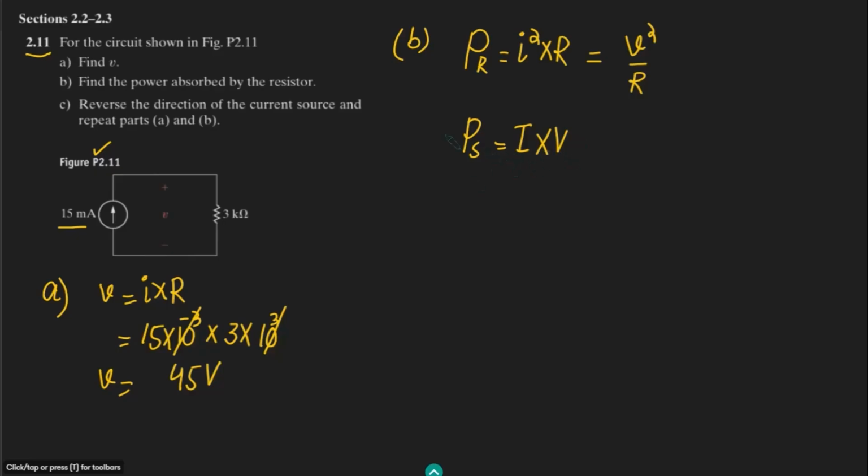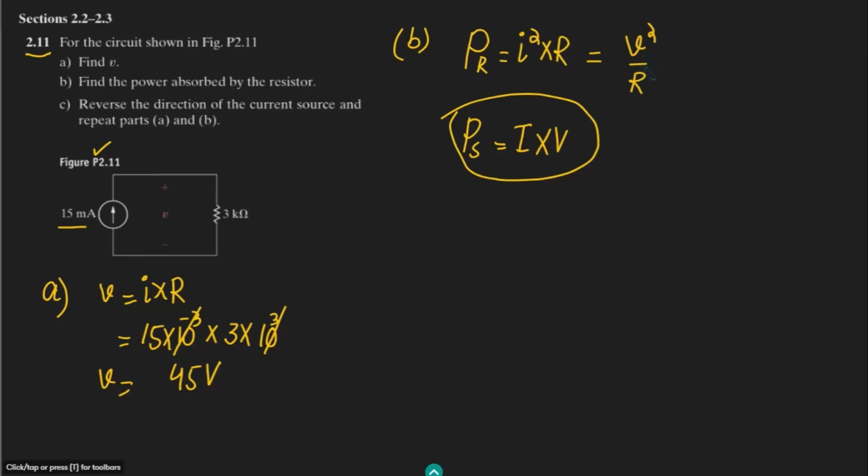So this is for the sources, while these are for the resistors. For the impedances, we will discuss them in our upcoming videos. Till now, let us concentrate on the resistors, as we have a resistor here. You can take any of these formulas and it will give you the similar output.